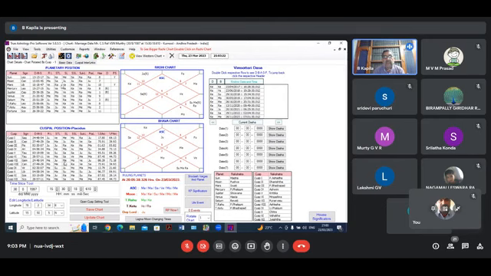Now Mercury is in the star of Venus, in the sub of Ketu, and in the sub of Venus. If you look at the significations of Venus, Venus is present as fifth sign lord, that is one.